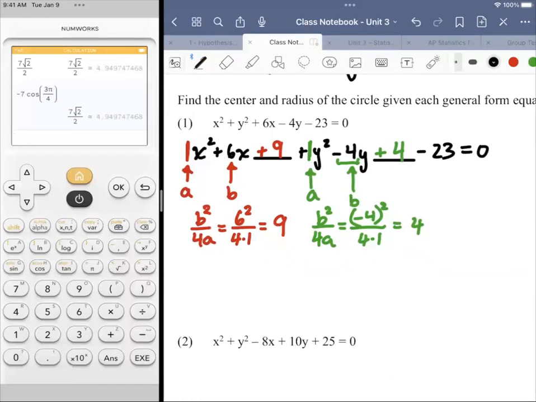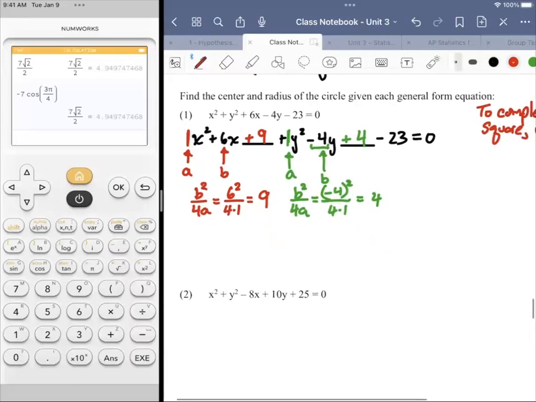Also, something to keep in mind, you can't just add a number to one side of the equation because you feel like it. You have to add it to the other to keep it balanced. So plus 9, plus 4. So I'm looking at, on the left-hand side, x squared plus 6x plus 9 plus y squared minus 4y plus 4.